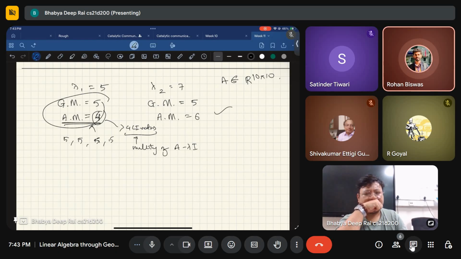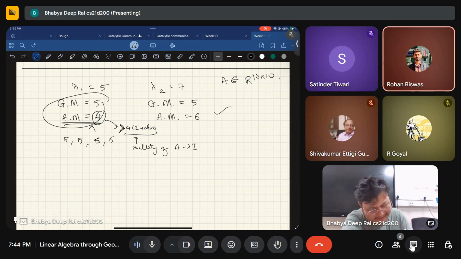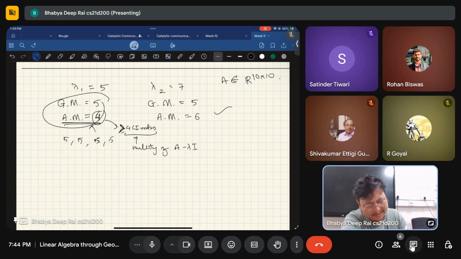Because if nullity is already 4, I mean, less nullity than is 4. It's a bit confusing. So what you are trying to say is that the nullity should be less than or equal to 4. That's right. So rank should be greater than or equal to 6.